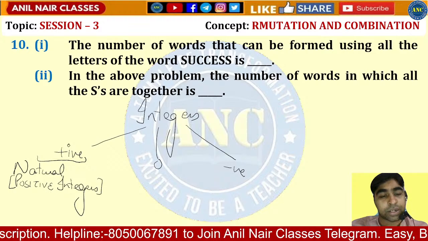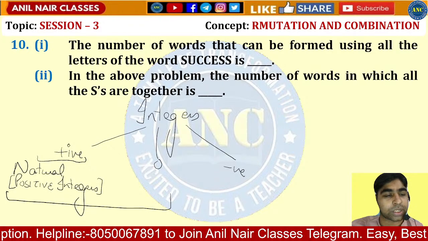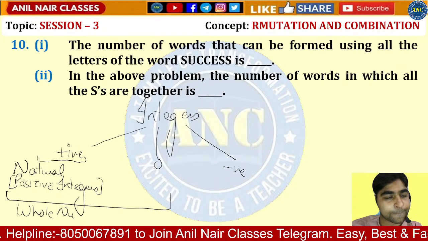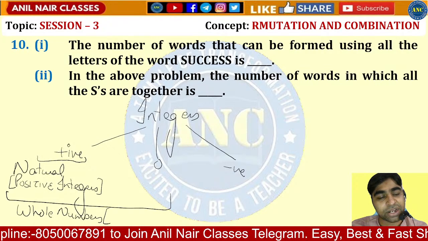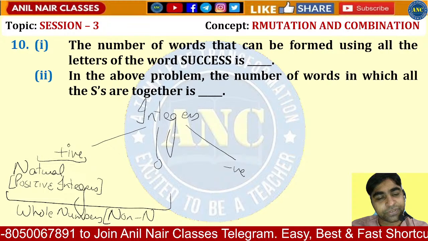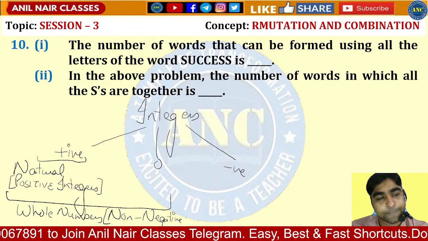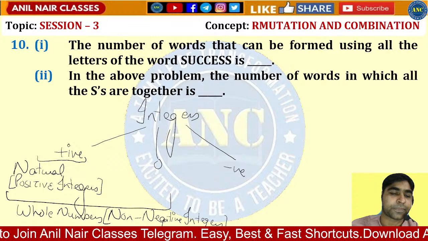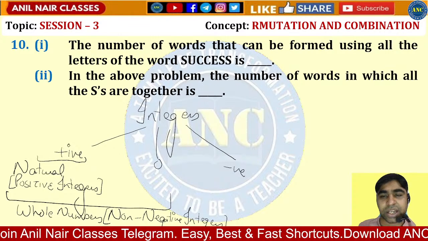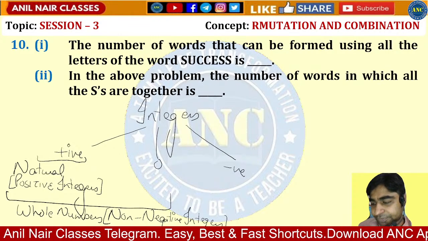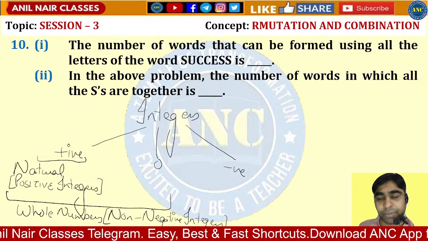Positive integers plus 0 are called whole numbers. And sometimes they are also called non-negative. And obviously the negative integers are called negative only. Understanding my point?